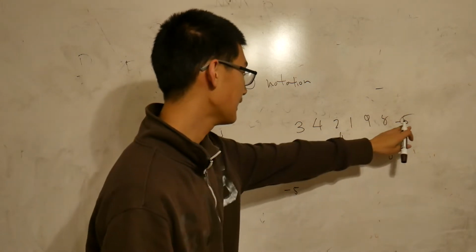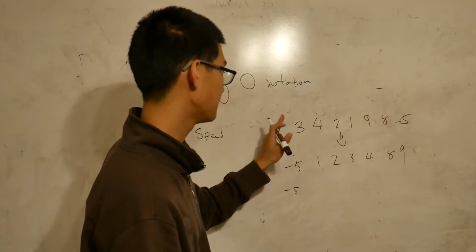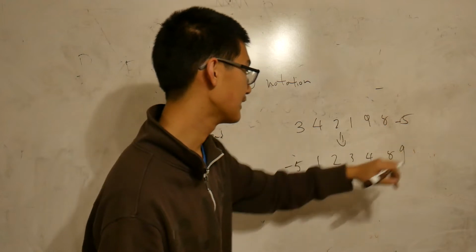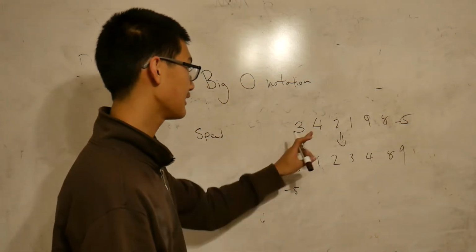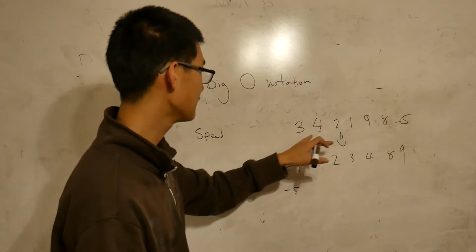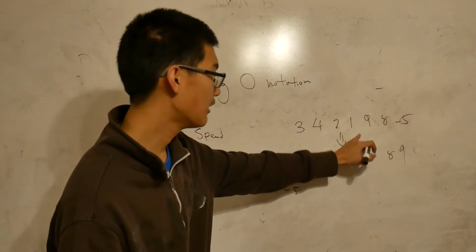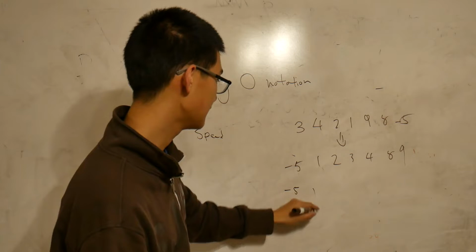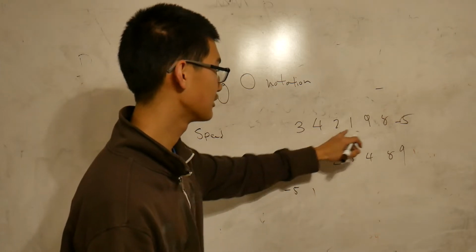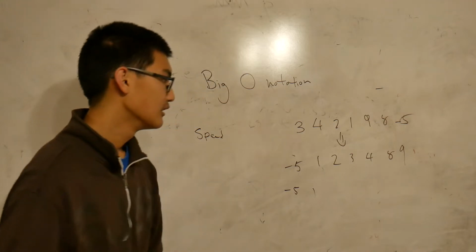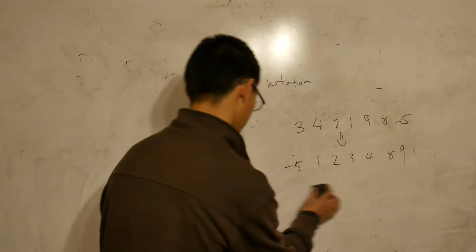So then I say, okay, I'm going to take -5 out of this list and put it in the first spot, and then I'm going to look at everything else outside of that. So then I say, okay, what's the next smallest one? 3, 4, 2, 1, 9, 8. So 1's the smallest, right? So then I take 1 out of this thing and put it in the second spot, and then I have 3, 4, 2, 9, 8. And then I look again and again and again and so on, right? So this is called selection sort.